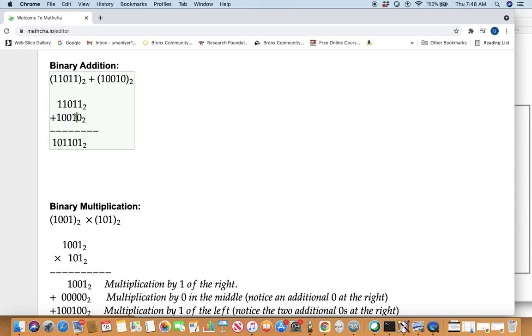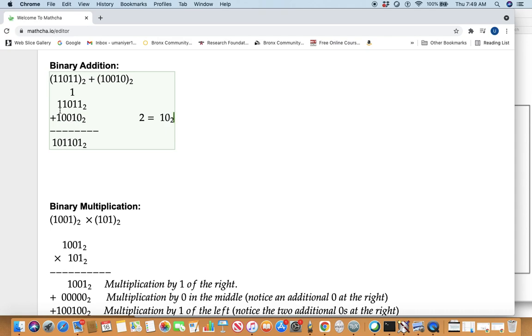But 2 is 1 carry and 0 below. You see, 2 in base 2 is 10 base 2. So that's what you do. Whenever you see 2, you add a carry and bring a 0 down.